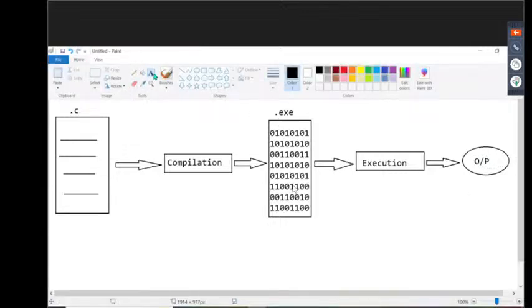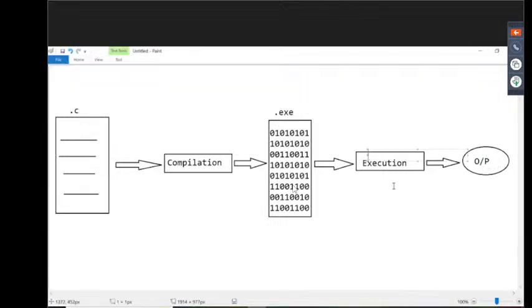Now tell me, who is performing this execution actually? The C engine is performing execution. Clear? Fine.